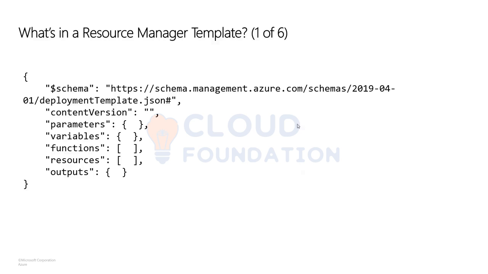Whatever the values are there in the parameters file, those values are coming. Those values will be mentioned based on the parameter that we have specified here. Each parameter over here can have default values as well.